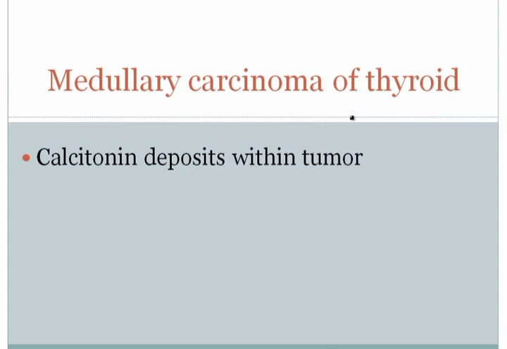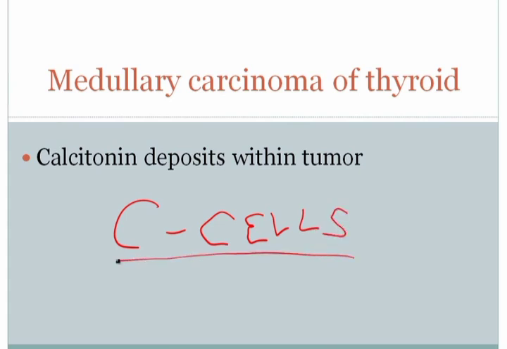And C cells are neuroendocrine-derived cells present within the thyroid that produce a protein called calcitonin. Now, if there is a tumor of C cells, then there is overproduction of calcitonin, and part of that excess calcitonin can deposit within the tumor, creating amyloid in association with medullary carcinoma of the thyroid.